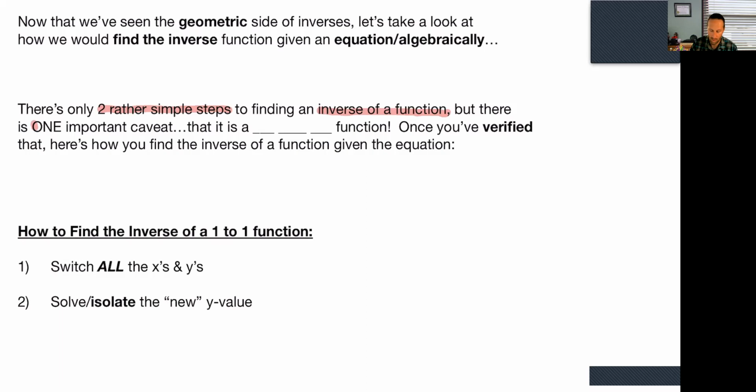There is that one important caveat, and that is, in order to find the inverse, it has to be what kind of function? Hopefully you said 1-to-1, because otherwise it doesn't function very well.